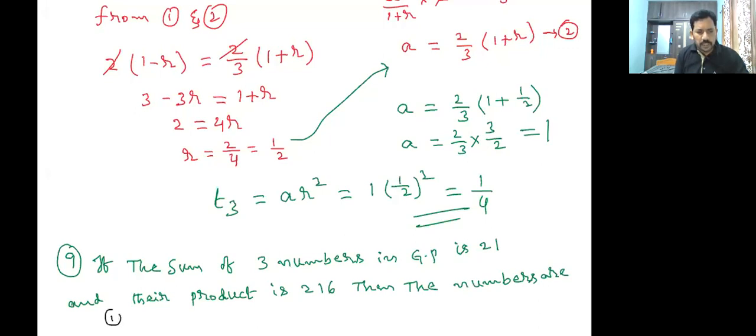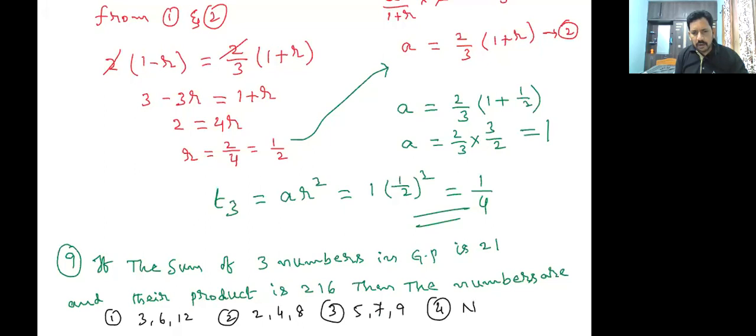Now, first option 3, 6, 12. Second option 2, 4, 8. Third option 5, 7, 9. Fourth option none.